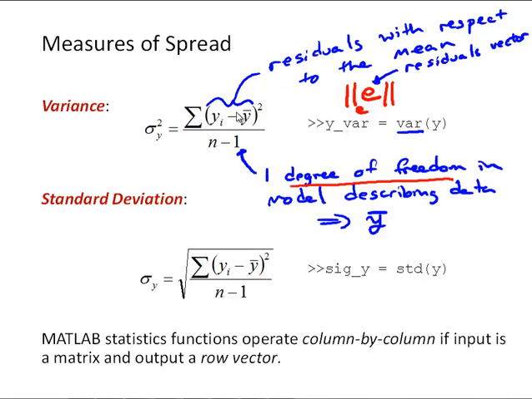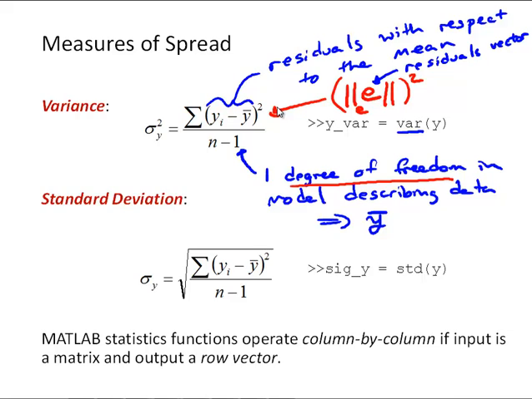Recall that Euclidean norm was the square root of the sum of the squares in a vector. So we would then take this value and square it. So there's another way to think about the numerator in the variance equation, and just to relate that back to some things we were talking about previously.